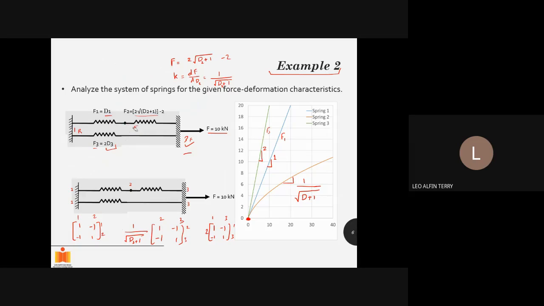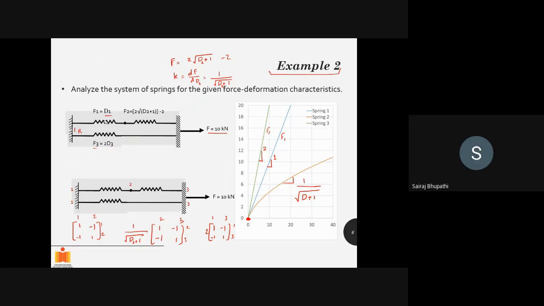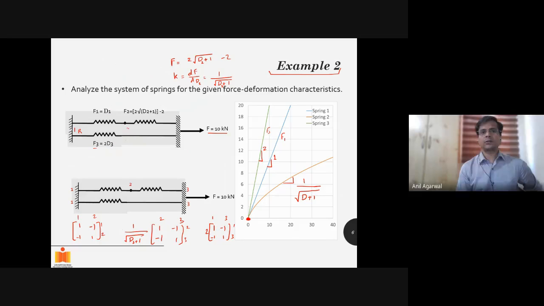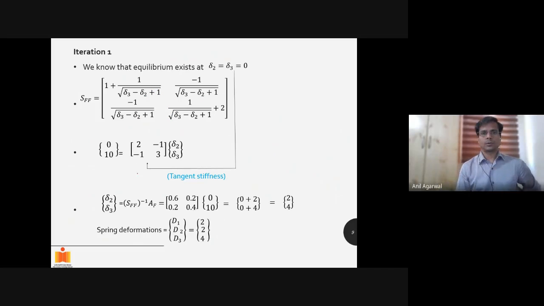No external load at the second degree of freedom, so there is no unbalanced force here, but there is an unbalanced force of 10 kilonewton here. So 0, 10 is equal to SFF delta, and from here we can get the values of deltas. So I solved for delta.